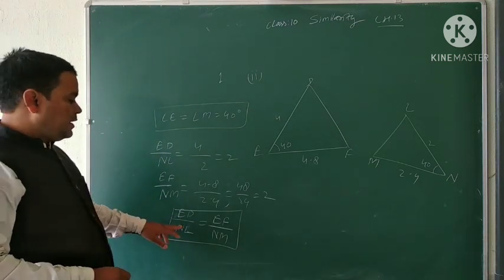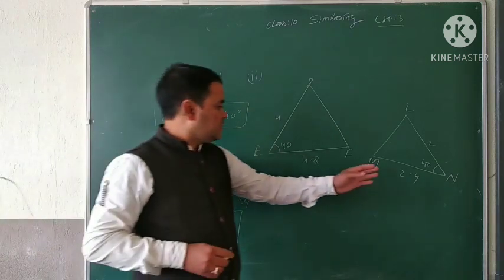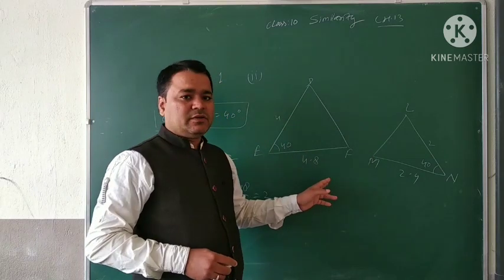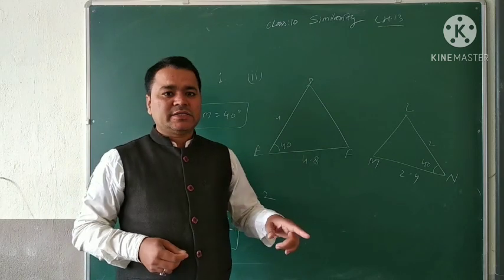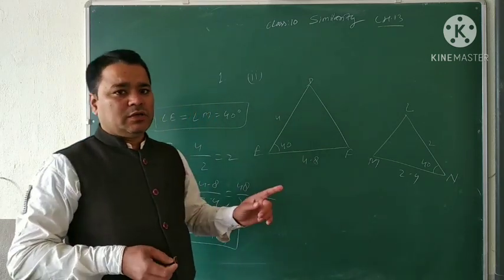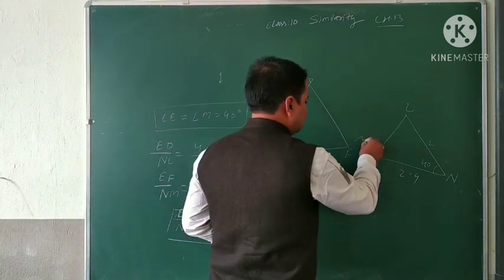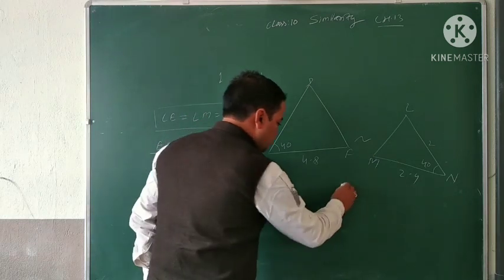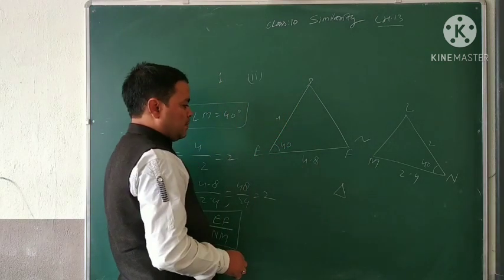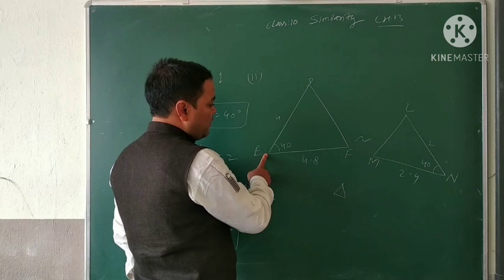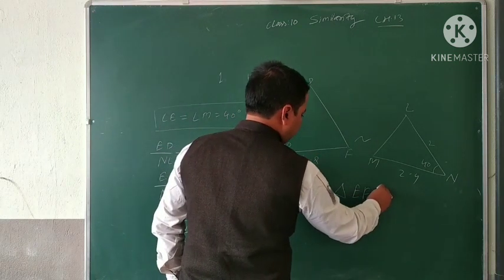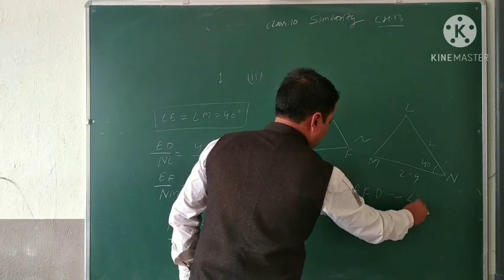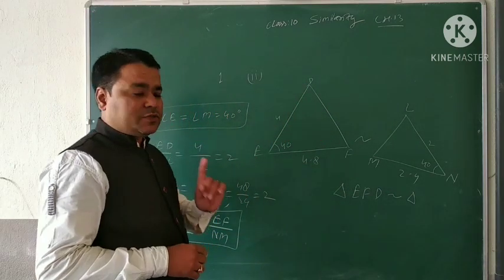Side angle side means the angle is equal and the ratio of two corresponding sides is equal. So we can say that these triangles are similar. It means triangle EFD is similar to triangle, now listen what we should write.